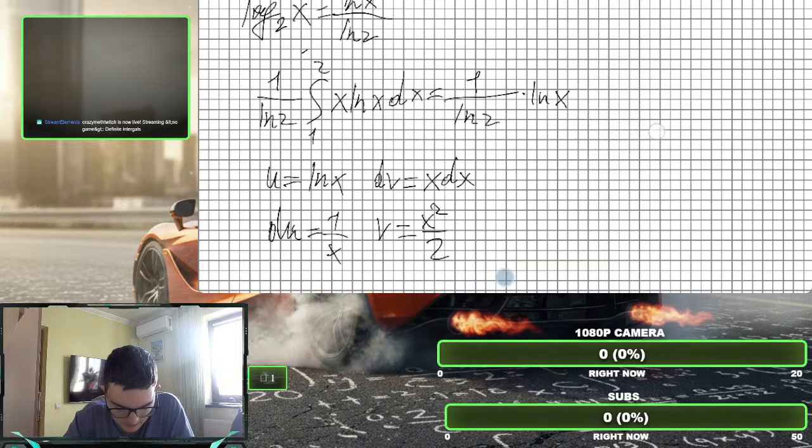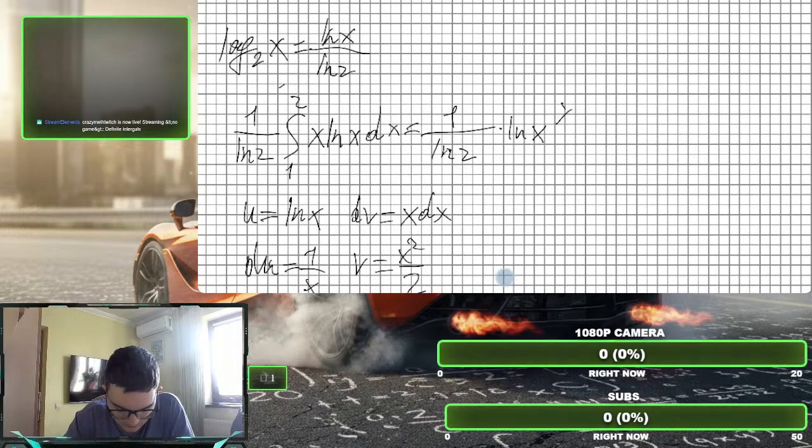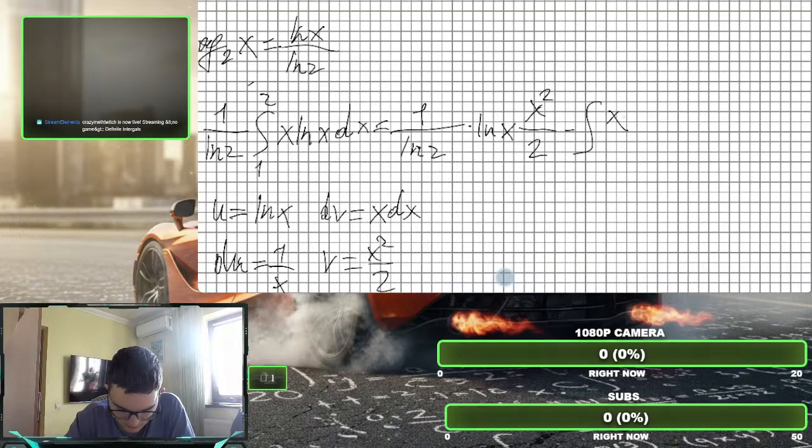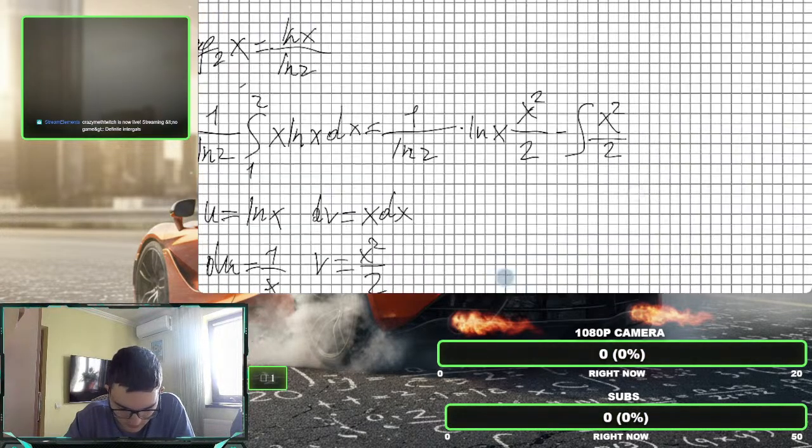For us, v is x to the second power divided by 2, and minus the integral of v, which is x to the second power divided by 2, times du, which is 1 divided by x. Alright, so this is what we have.